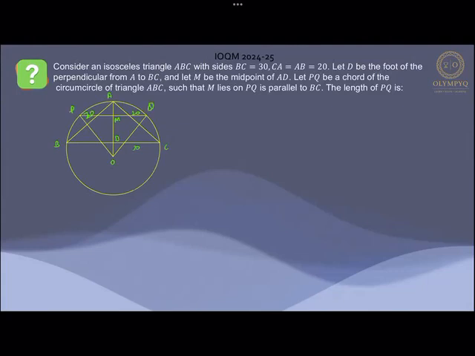So first of all, I can see from here that in triangle ADC, I can write that AD square is going to be equal to AC square minus CD square. Now CD is half of BC, so AD square is going to be equal to 20 square minus 15 square, and from here I can get that AD is equal to 5 root 7.